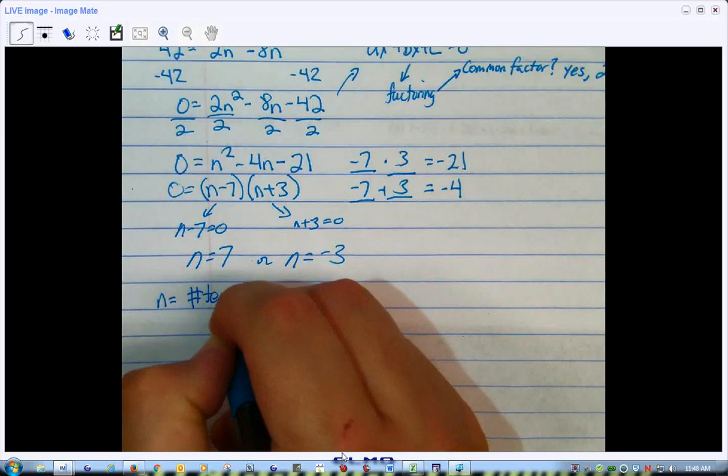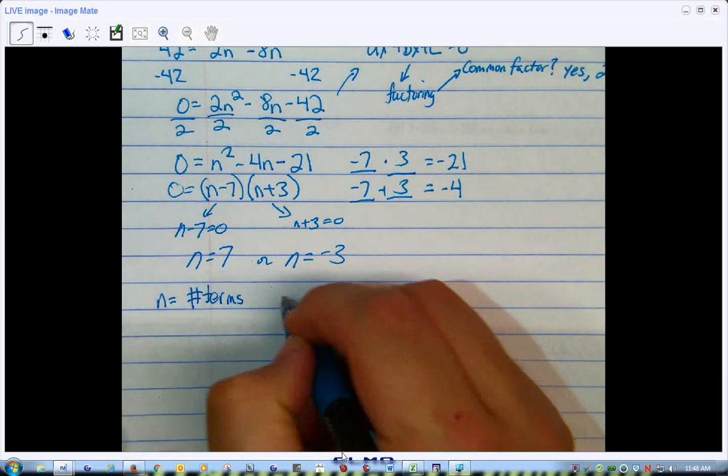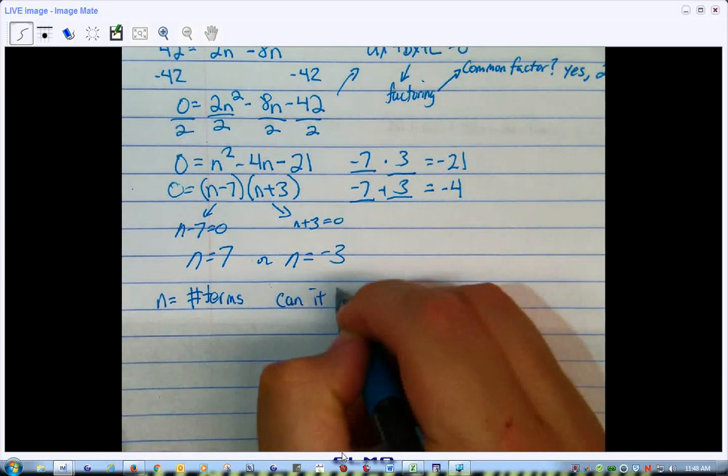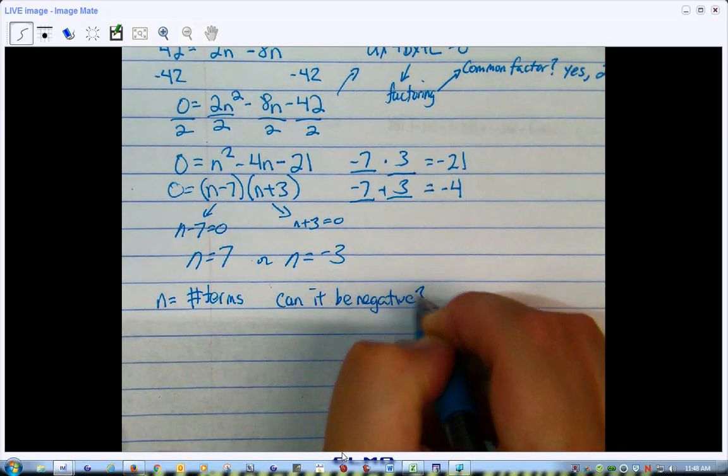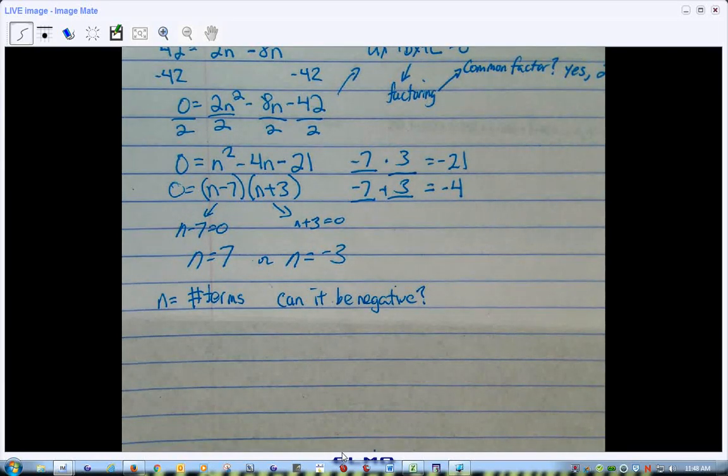Can it be negative? Can you have negative 3 terms in a series? A sequence is basically a list of numbers that are linked together by a common difference or a common ratio. So, can you have a negative number in your list?